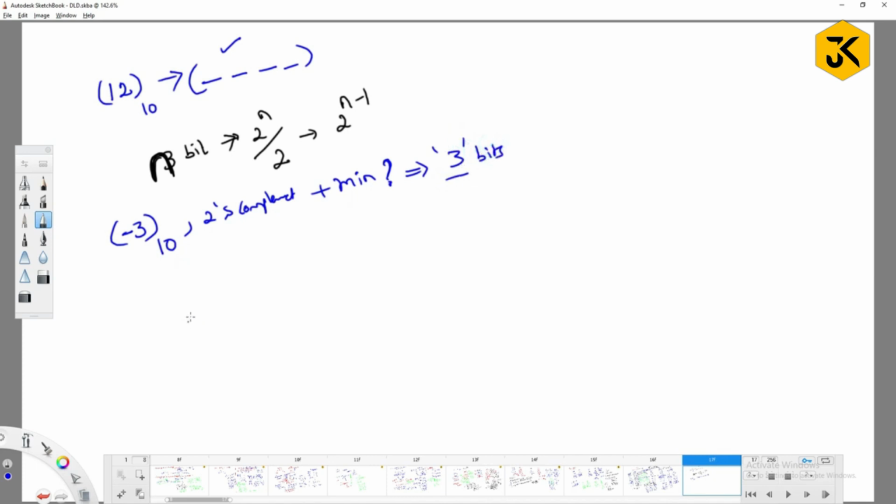So the answer is 3 bits are minimum required in order to represent minus 3. So the same thing, if I have 15 with base 10 and I want to represent the same number in 2's complement, how many minimum bits are required now? 5. How?